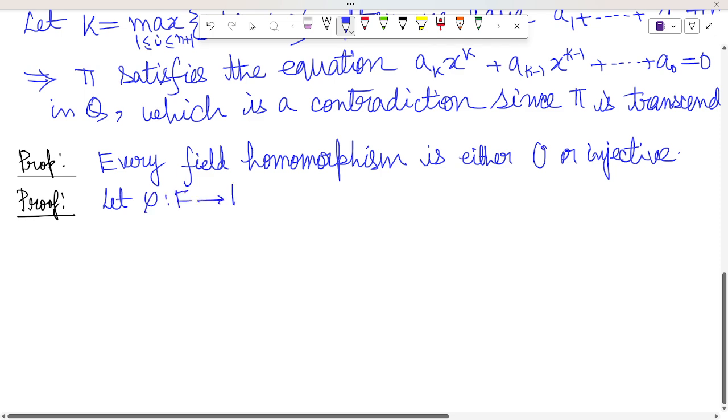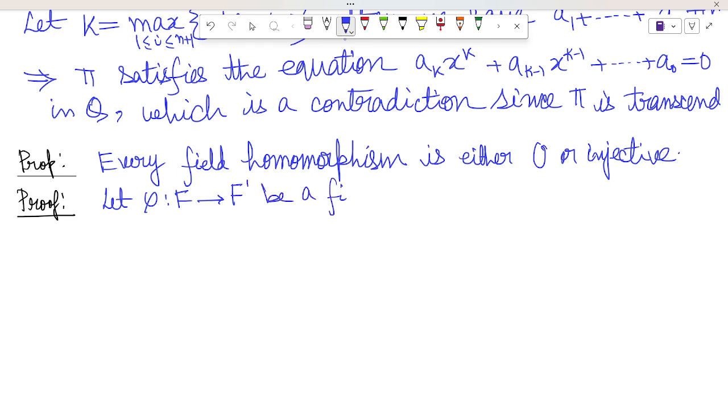Let phi be a homomorphism between two fields F and F dash. So I will consider the kernel and show you. Because injective means phi of u equals 0 must imply u equals 0.